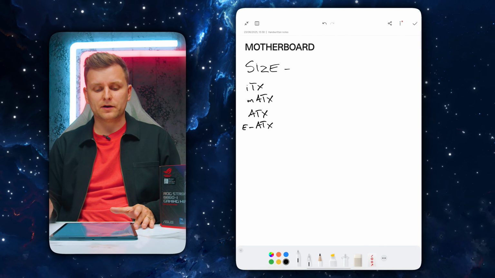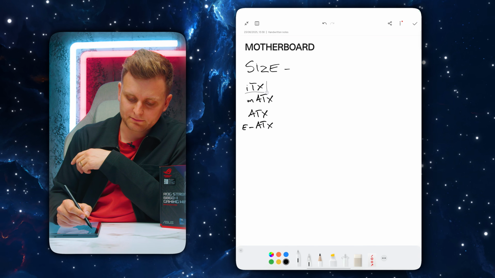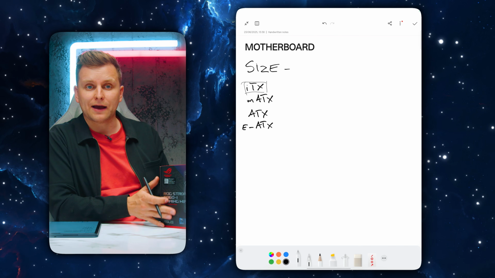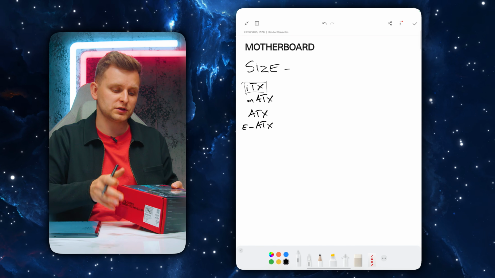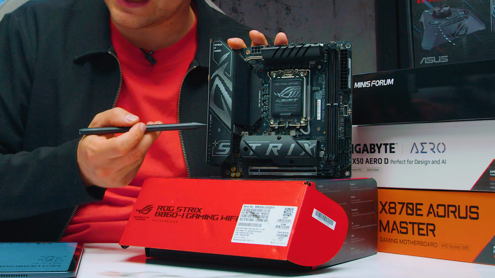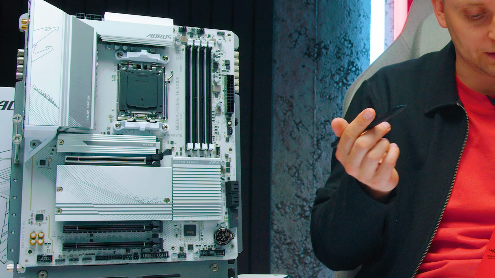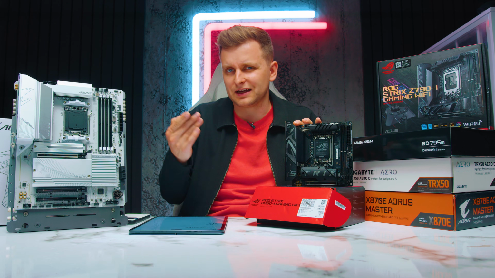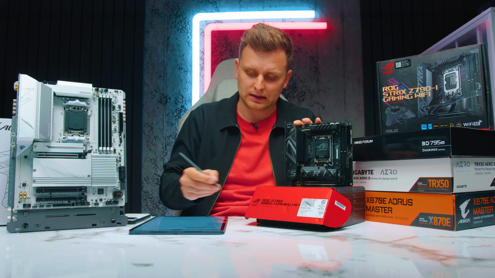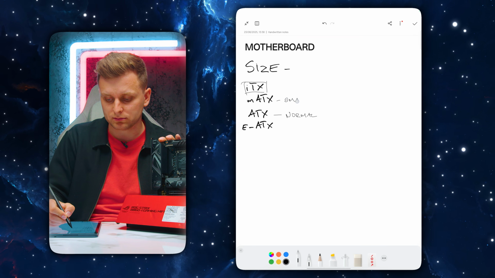It can be very confusing because if you're looking at the smallest size here, ITX, which I actually have in here, you can see that even the motherboard box looks small. This motherboard is a lot smaller than what you have over here, but sometimes even the smaller one can be more powerful. M-ATX is a small motherboard.